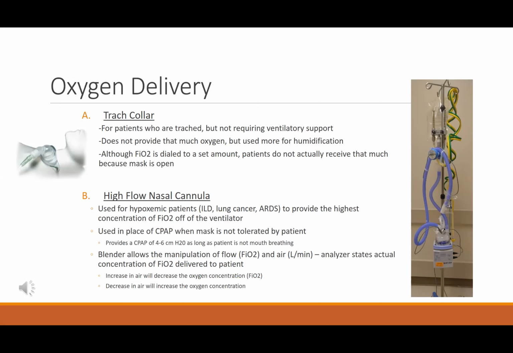In the systems that we use here at UAB, most of our high flow nasal cannulas come on what's called a blender system. What that means, and I'm going to toggle over to the whiteboard for a second, is that we essentially have two flow meters. One of these flow meters is responsible for delivering oxygen. These little black circles are knobs.